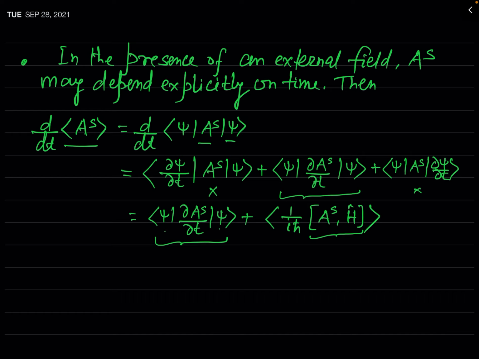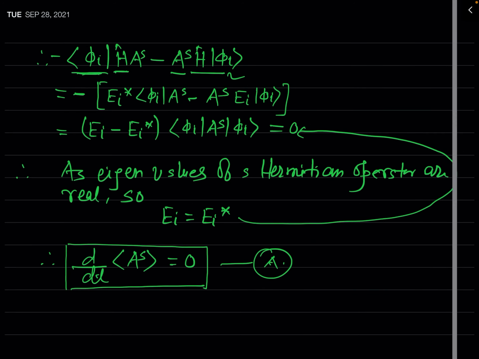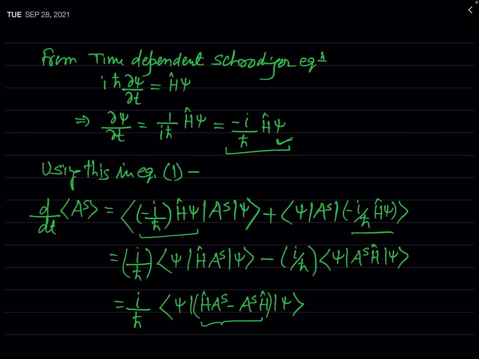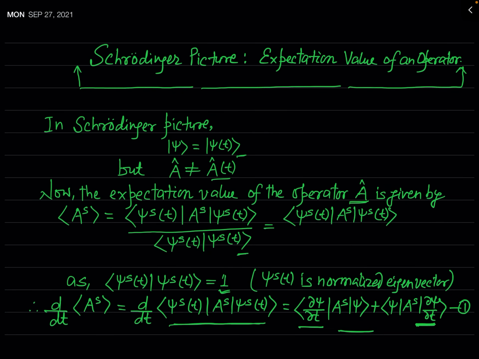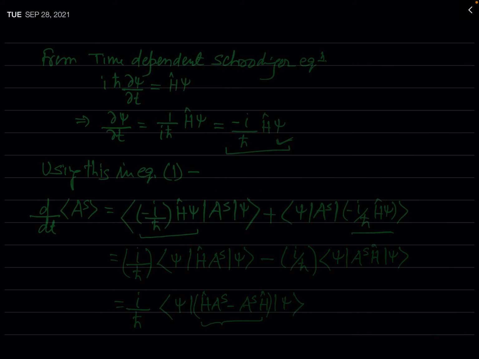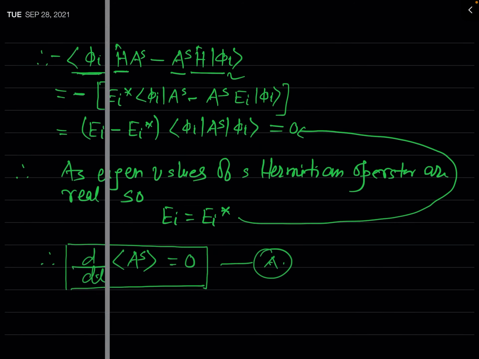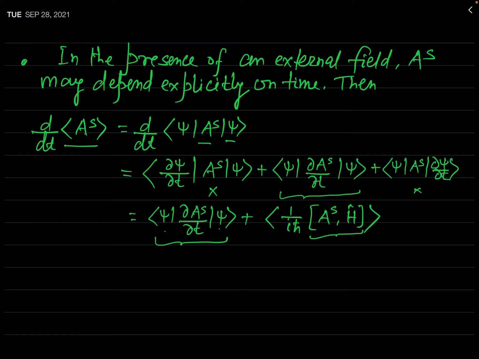So this first term simply represents the expectation value of this operator del A_S by del t, because according to the definition of the expectation value of an operator, if you define the expectation value of the operator A_S, then it is like this. So in that equation, simply in the place of A_S there is del A_S by del t. So that expression will represent simply the expectation value of this operator del A_S by del t.